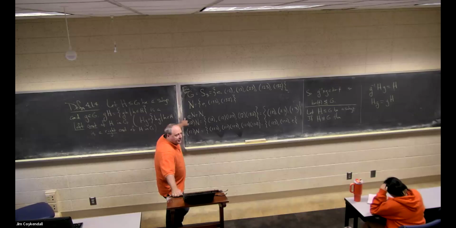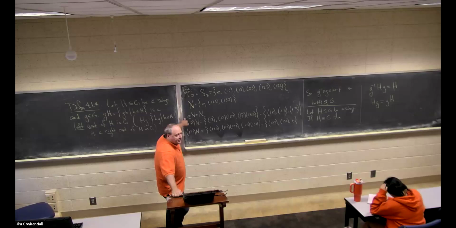It'll be this one, only in a different order. If you multiply (2 3) by N, it'll be the same elements in whatever order. So actually, there are 2 left cosets, this one and this one. How many elements are in each of the cosets?